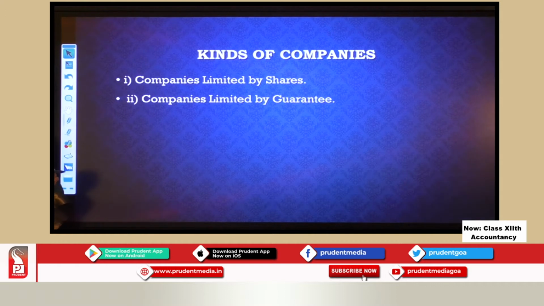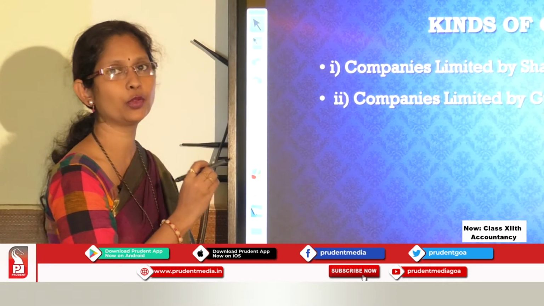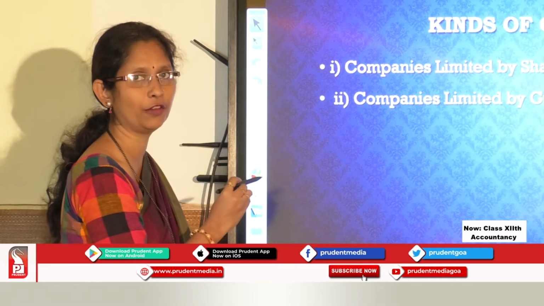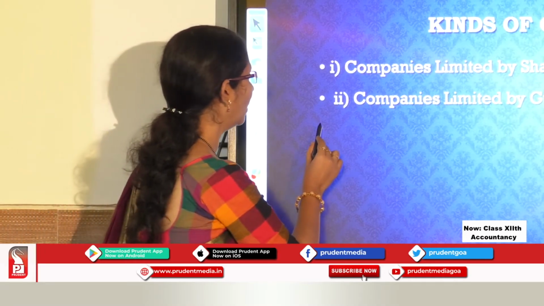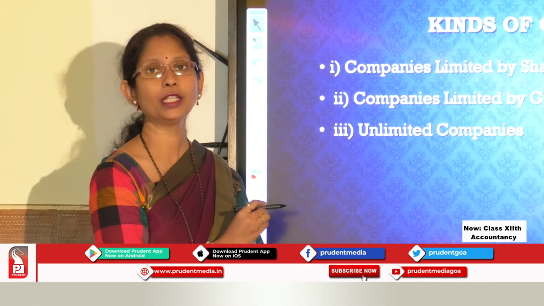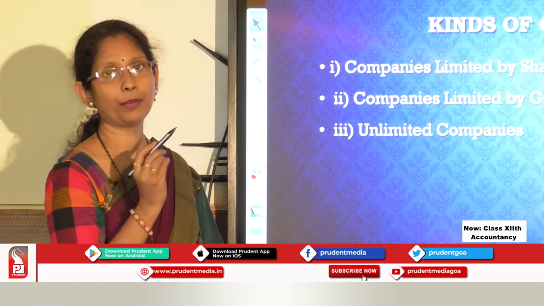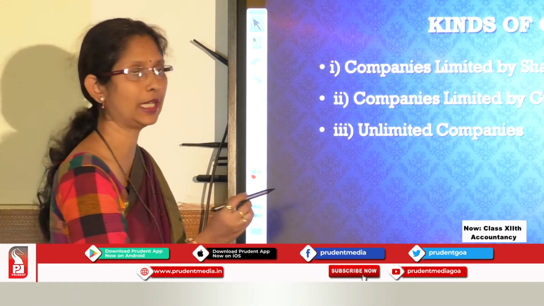Companies limited by guarantee. Here the liability of the shareholders is limited to the extent of the guarantee that they have given in case of winding up of the company. Unlimited companies. Here the liability of the shareholders is unlimited. So their personal properties can also be taken up.